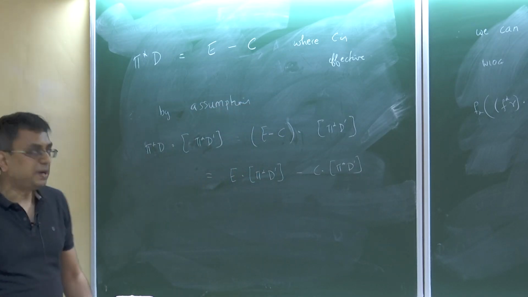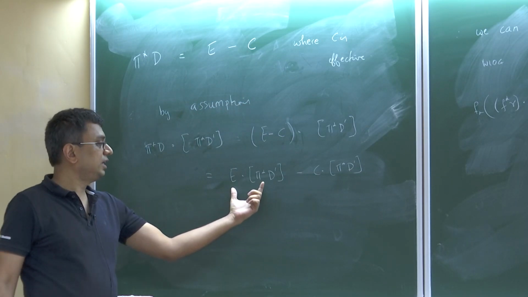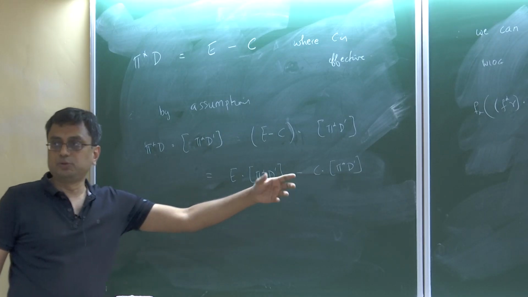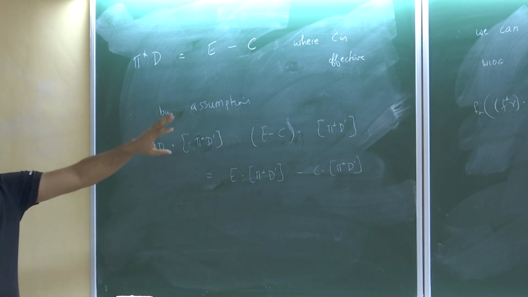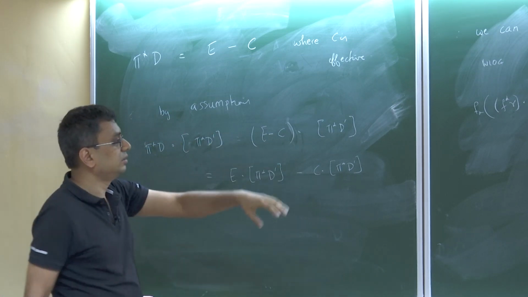Okay, but E and C are effective. So for effective, I know that I can interchange the order. It commutes, right? That is the assumption. We are going to prove the effective case later on, but we are assuming that if one of them is effective, then the result holds.